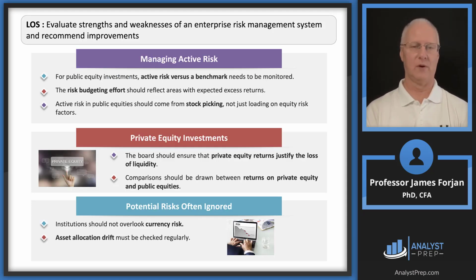So how do we do this? We want to make certain that we compare our performance and our risk. So we want to compare the first moment of the distribution, the return, to a benchmark. And then we want to compare the second moment of the distribution, active risk. We probably call it standard deviation of something versus some kind of a benchmark.